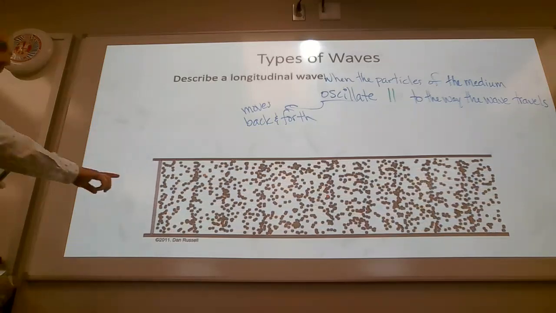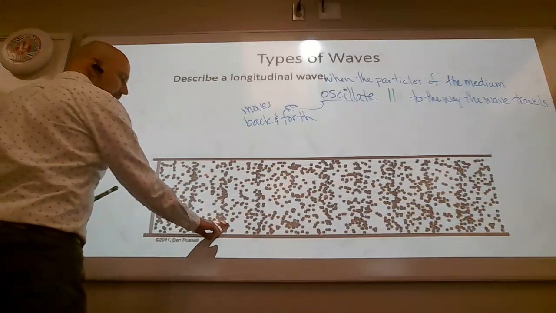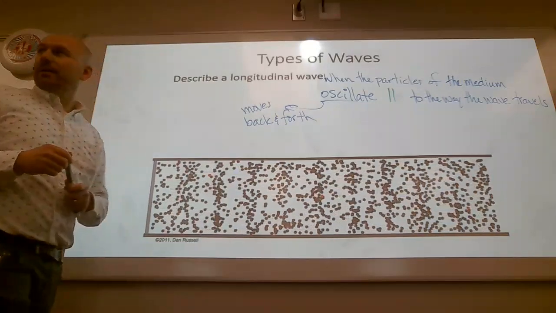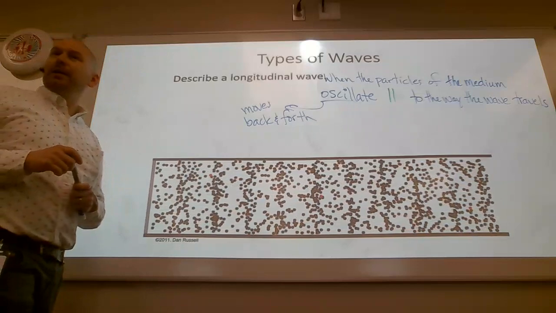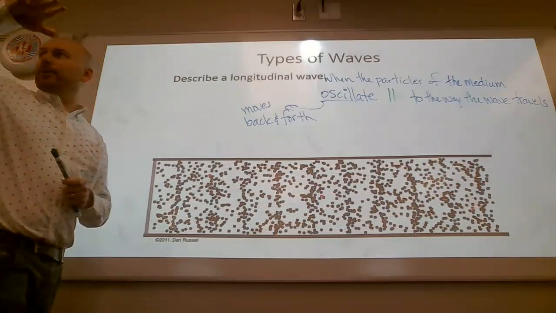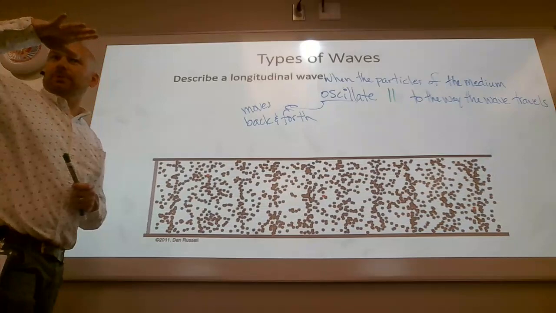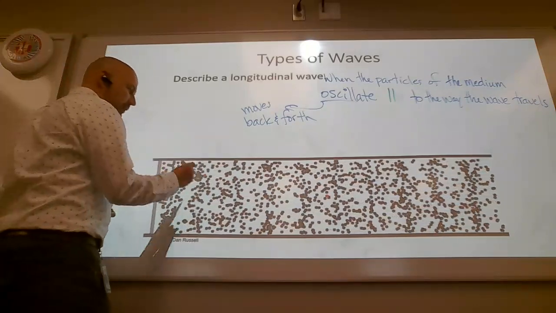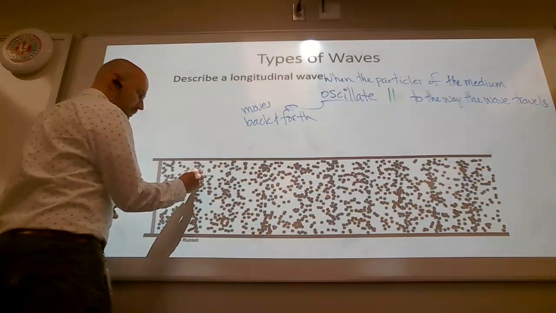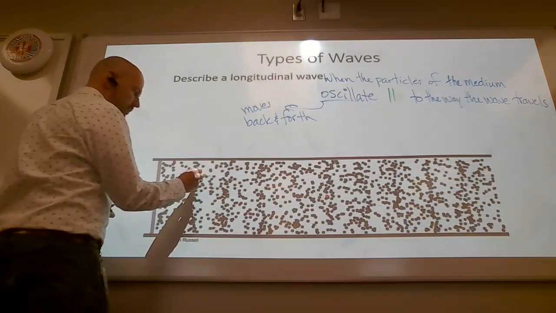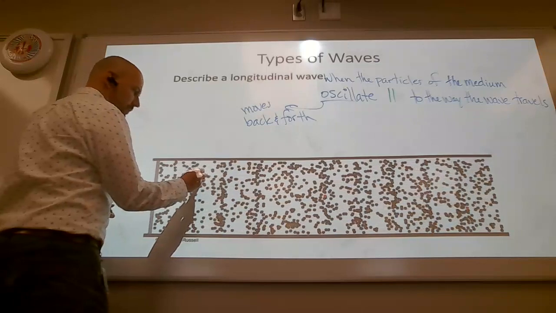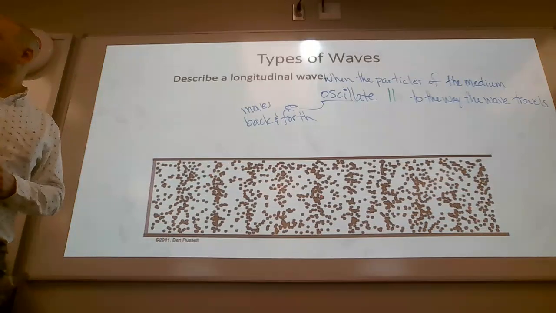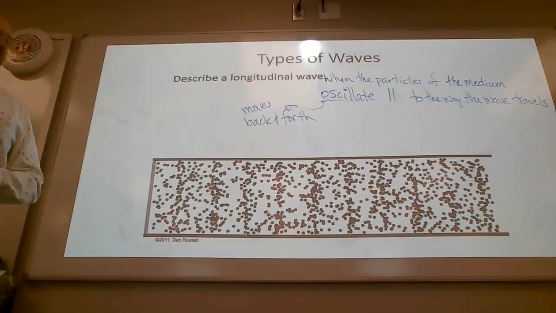To the right. It's kind of like looking at an ocean wave from a drone camera angle. If you look at one particle, it's just going back and forth, right and left, parallel to the way the wave is traveling.